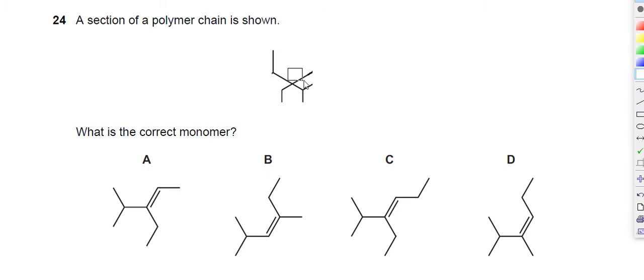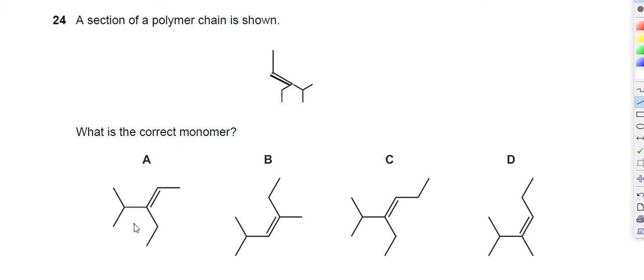I don't even want this. Then add a double bond in between the two carbons. So this will be the monomer for this polymer chain.